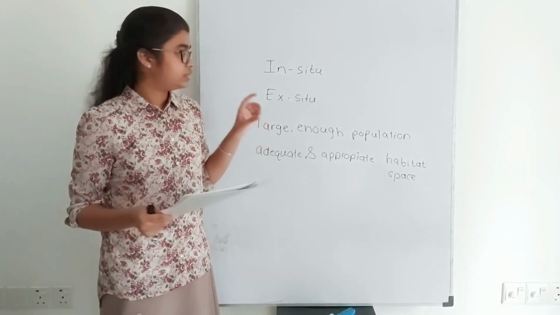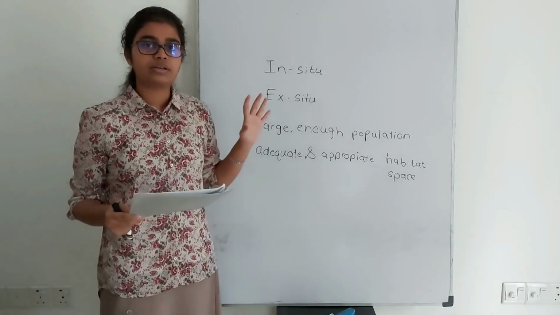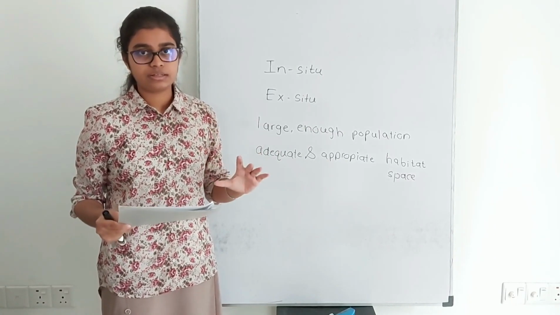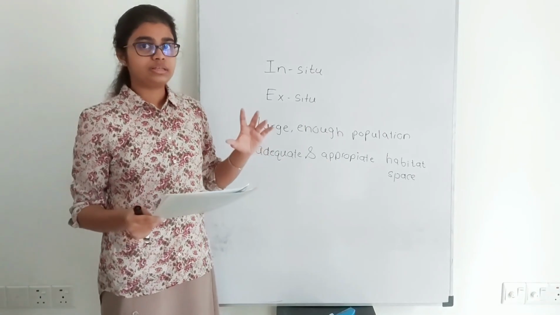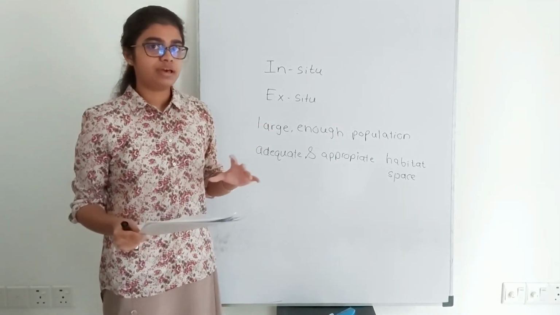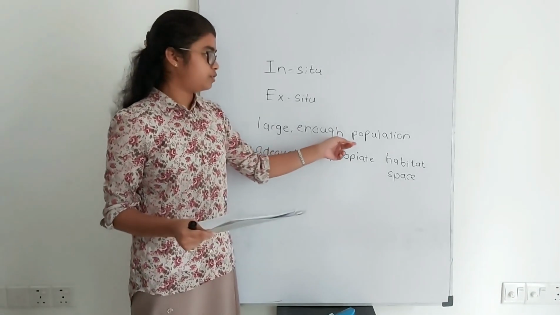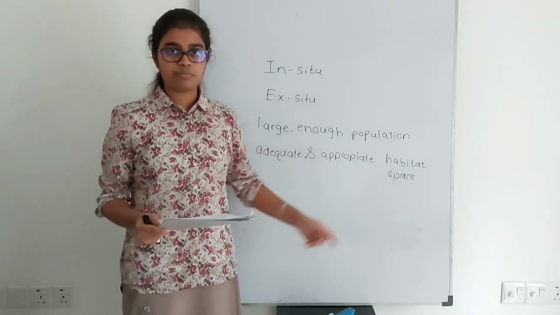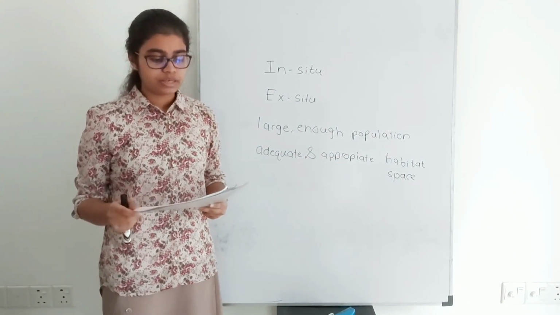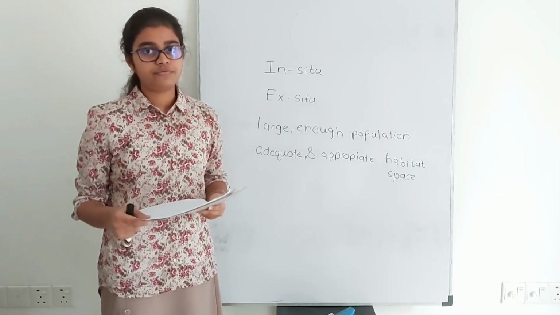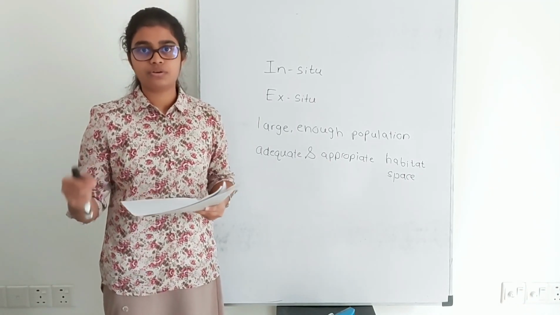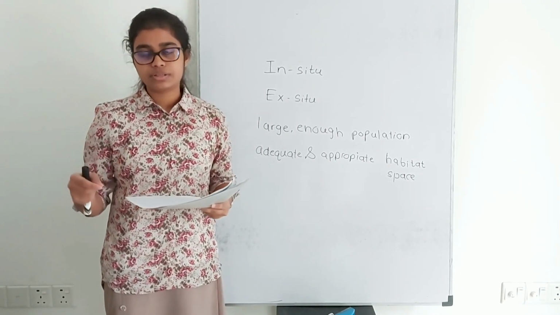The in situ conservation part in your resource book and the old TG was exactly the same. So in that marking scheme, they gave 1 point for large enough population and another point for adequate and appropriate habitat space. So you will see there are small points that you will need to focus on while studying this lesson.